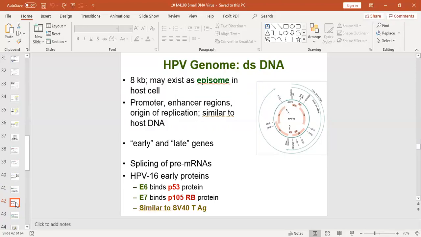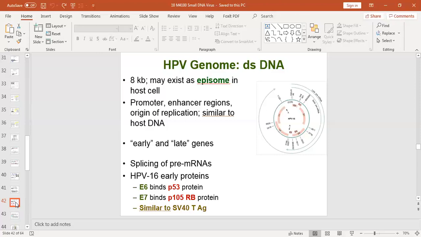HPV serotype 16 produces some early proteins. These early proteins are called E6, which binds to host cell P53 protein, and E7, which binds to host cell P105RB protein.